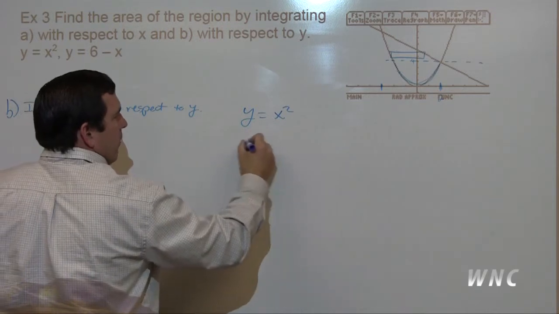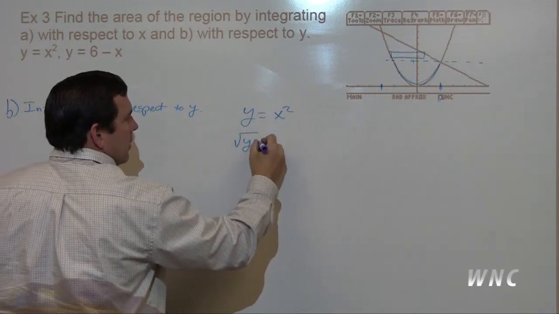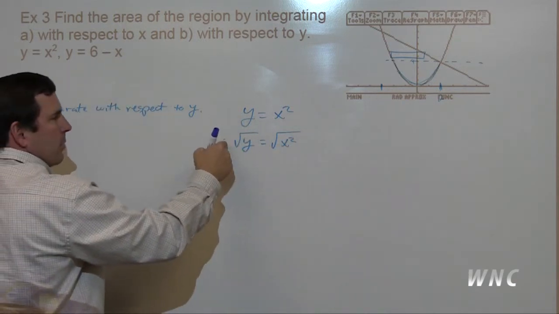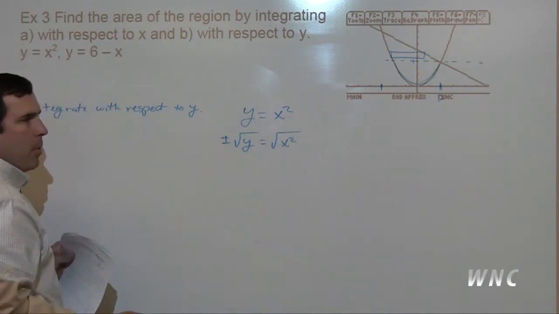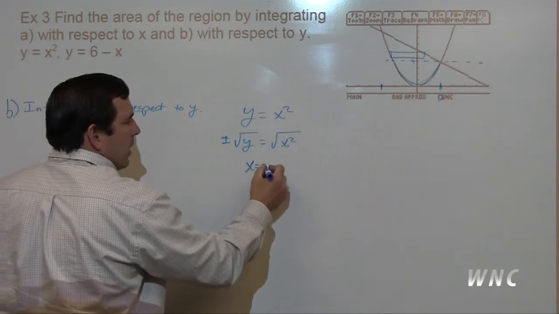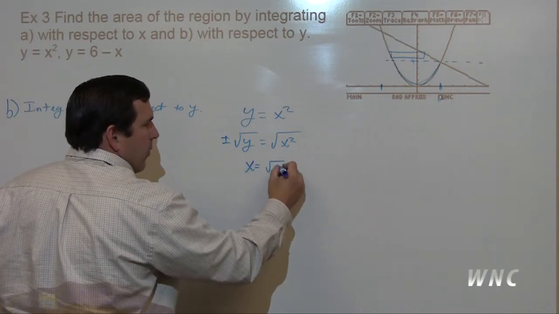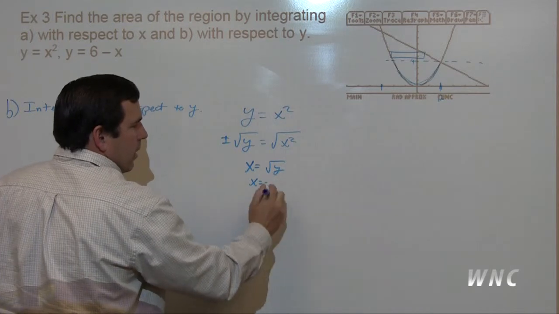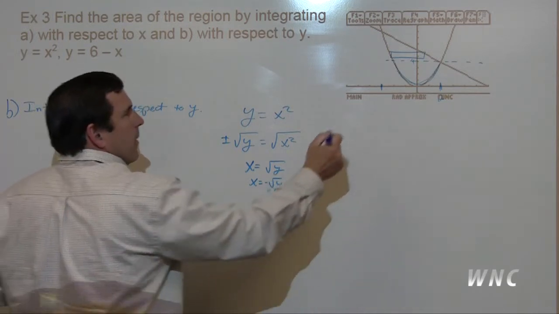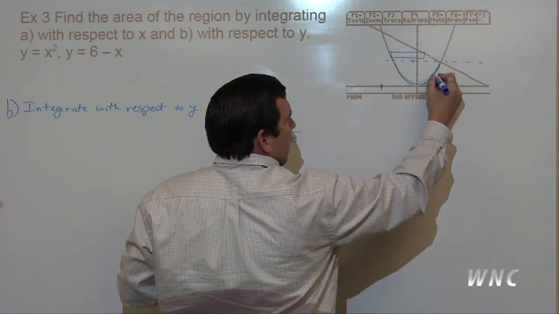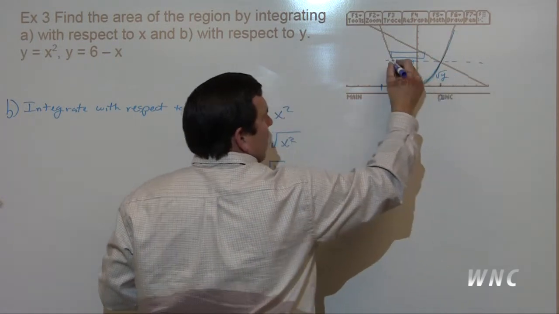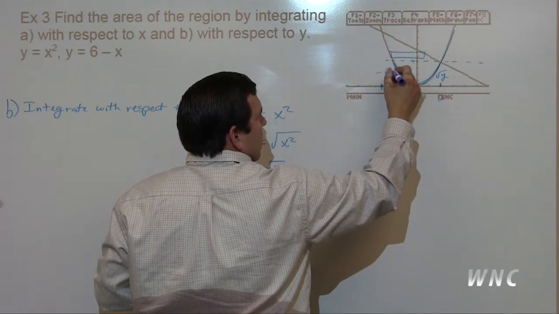Well, if we take the square root of both sides, since we're solving for x, we have to remember to do plus or minus for the y part. So x would be the positive square root of y, and x equals the negative square root of y. That comes into play here. This part right here is the square root of y. Over here is the negative square root of y.